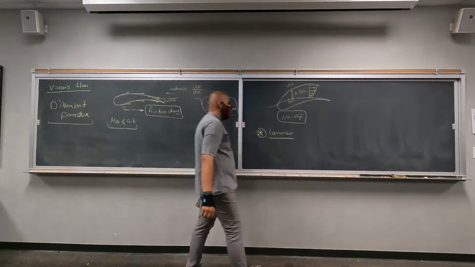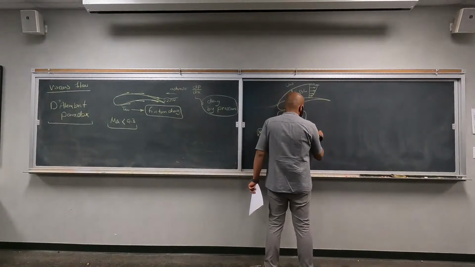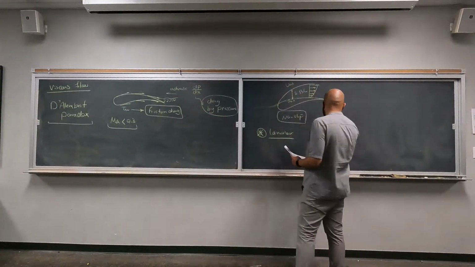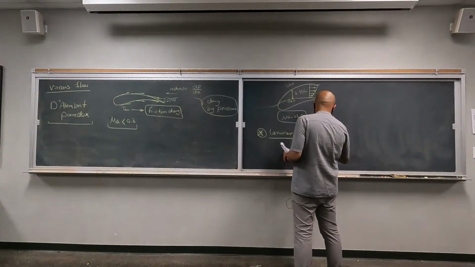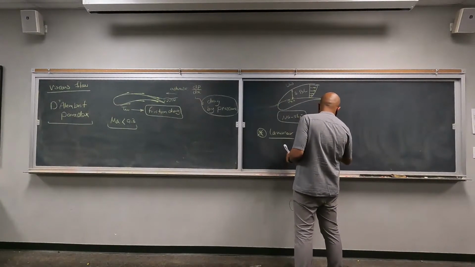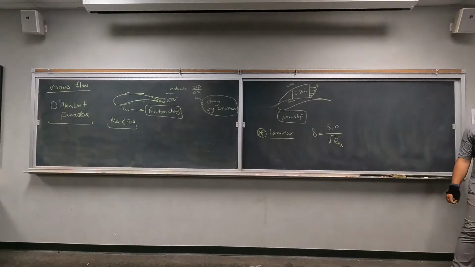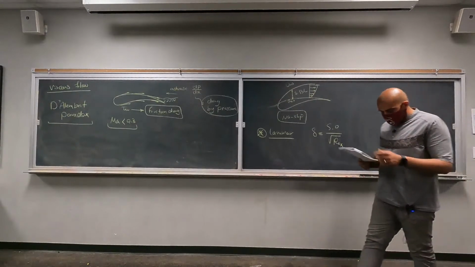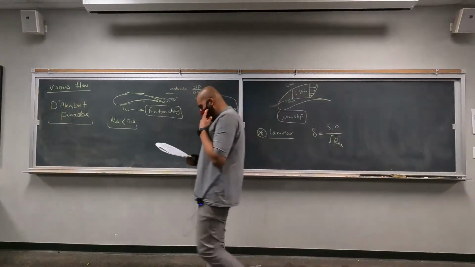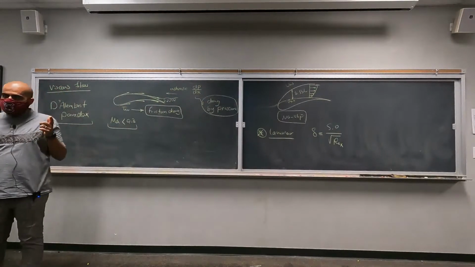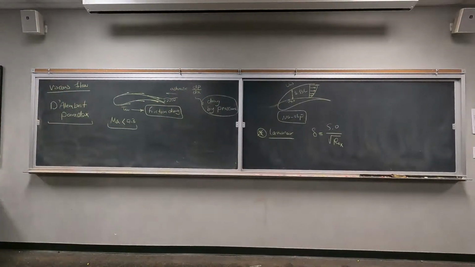If your flow is laminar, your boundary layer thickness, you can calculate it as 5 divided by the square root of Reynolds number, Re of x. What is that first term? 5.0. It's supposed to be times x or no?